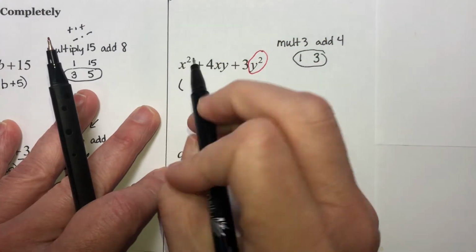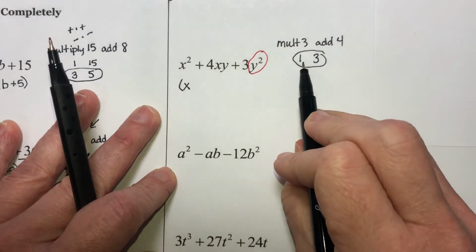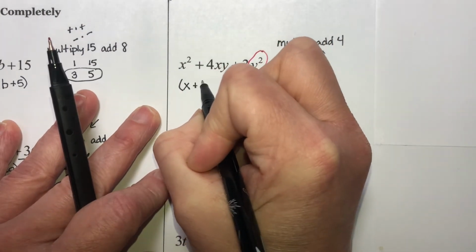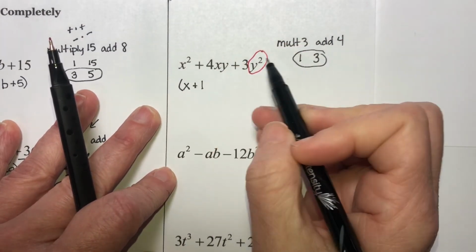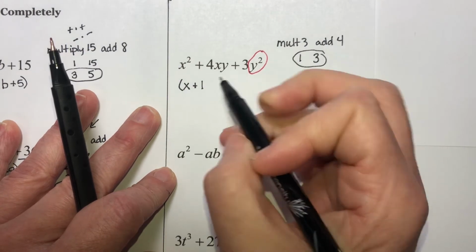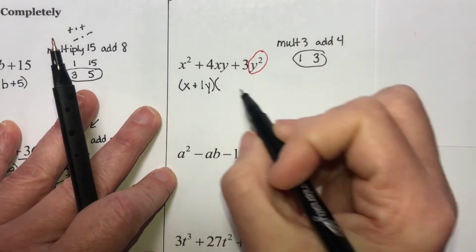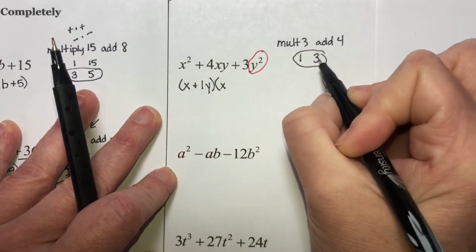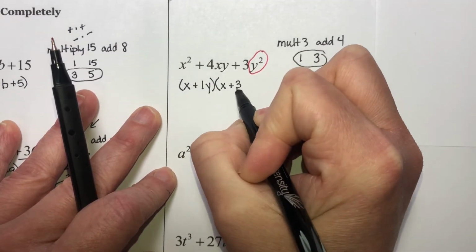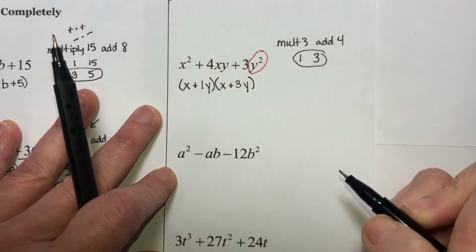What we do is take x, plus 1. That's where I would end it if I didn't have this y squared in here. But since I do, I'm going to put the y in there. Times, we do the same thing: x, that's a positive 3, stick a y on it.